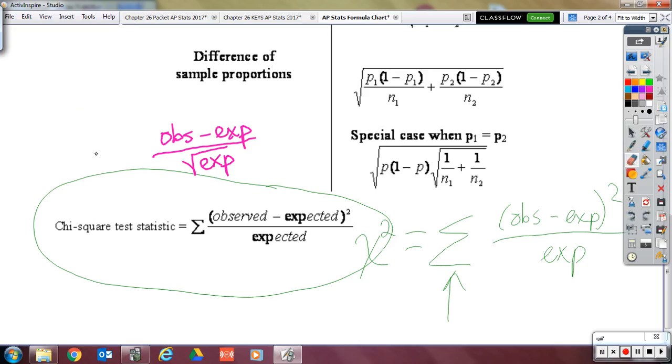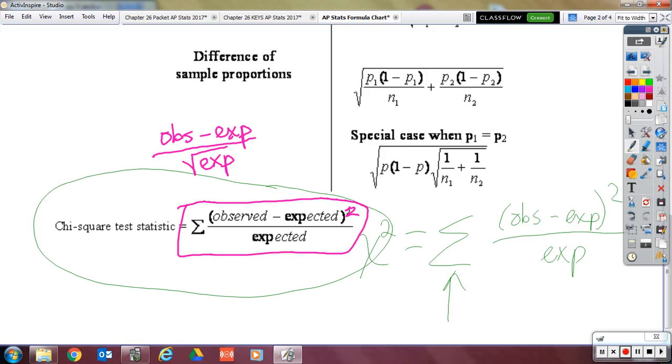If you take a look at the chi-squared formula, observed minus expected, quantity squared, over expected. If you think about just doing a blanket square rooting of it, it's technically not mathematically correct, because that involves FOIL and all this kind of stuff.